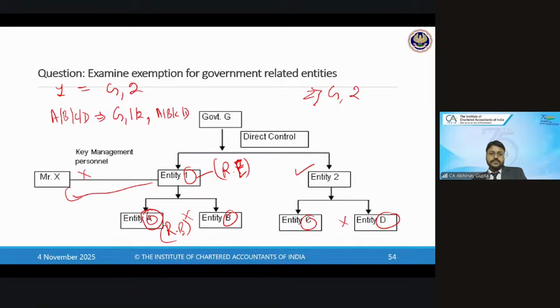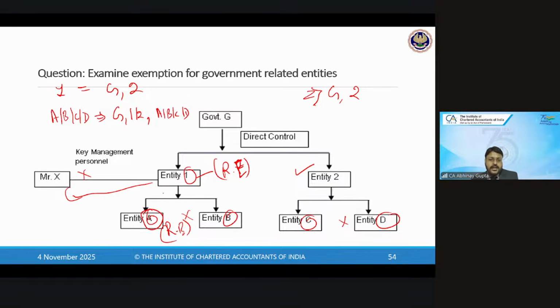Yes. Is that clear? So if we change the RE, the answer will change, right? So we have to identify for each RE within the group to master the concept, right?